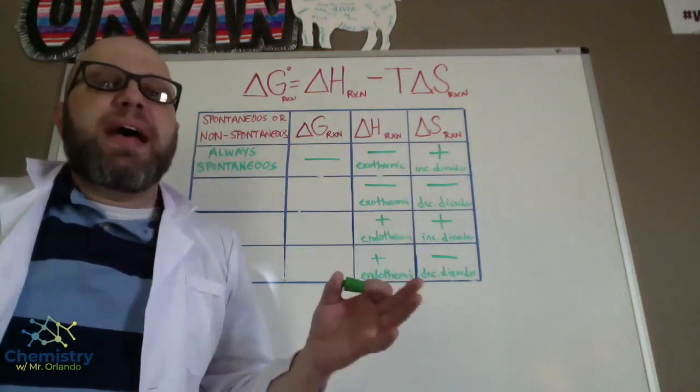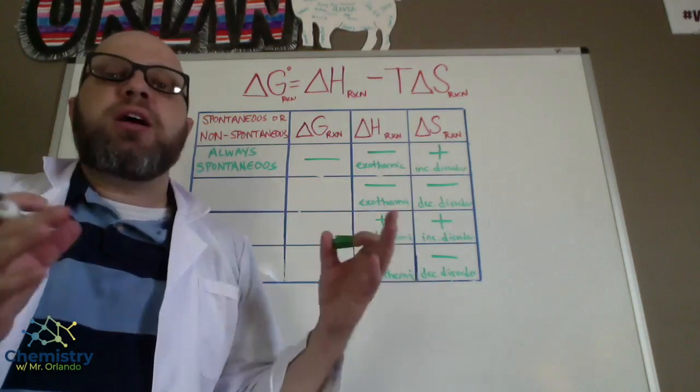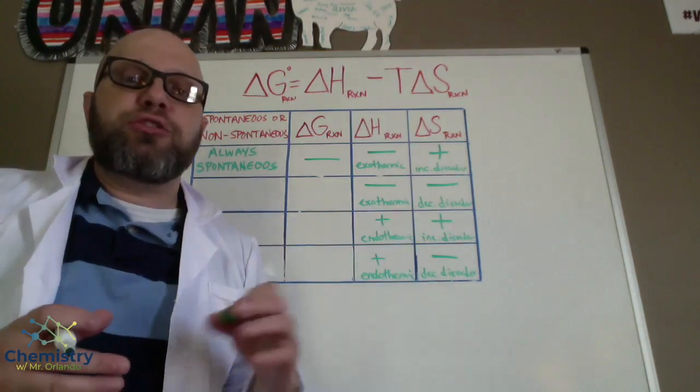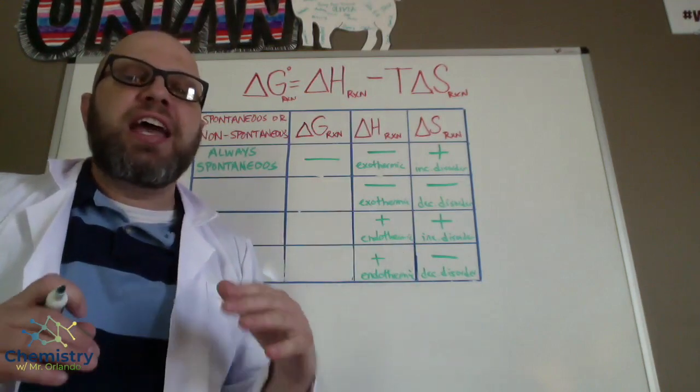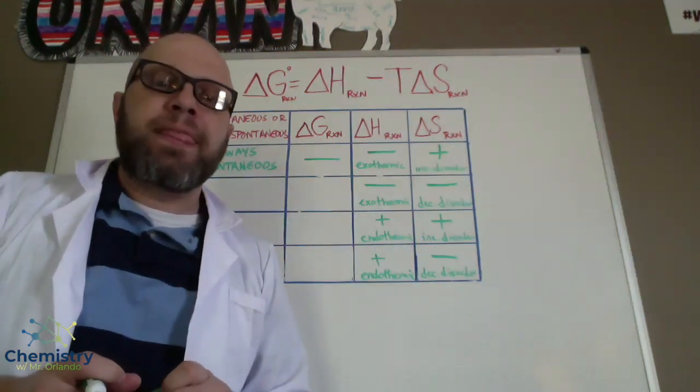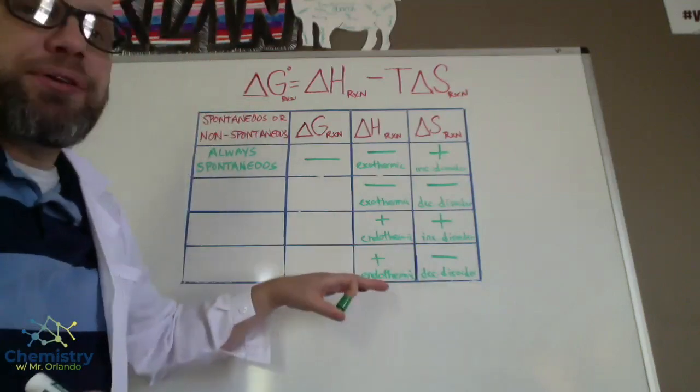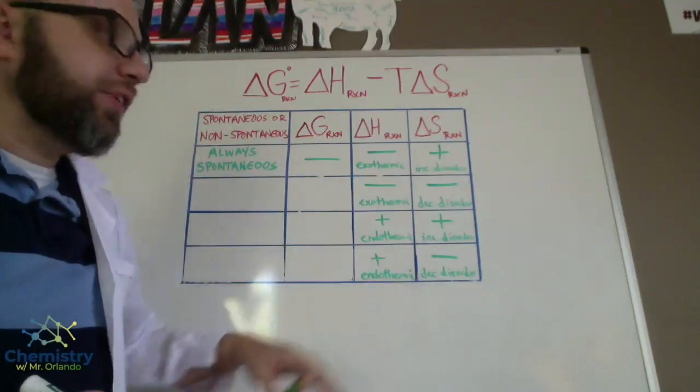This is the best situation that you can come up with for a reaction to occur. So you have a release of heat energy, meaning it's moving to a lower energy state, and you have an increase in disorder.